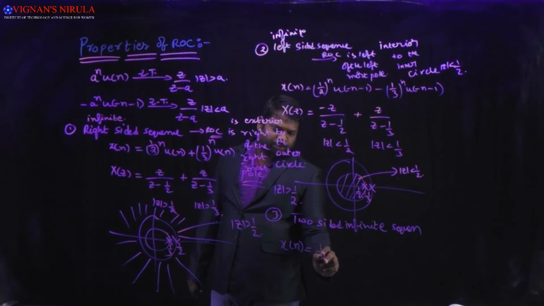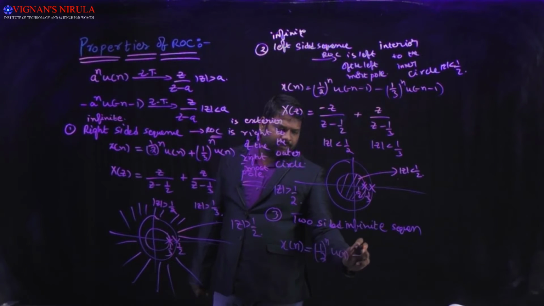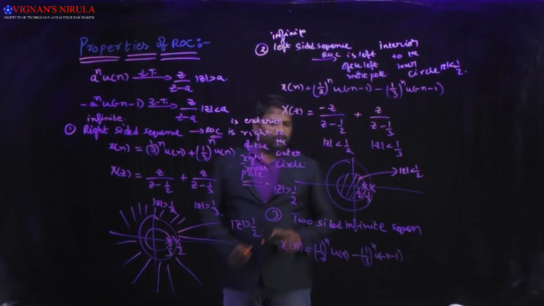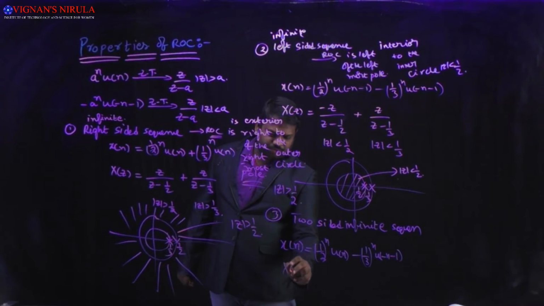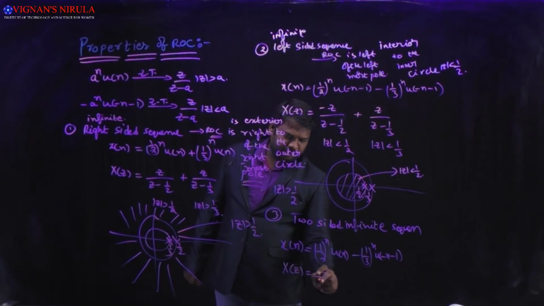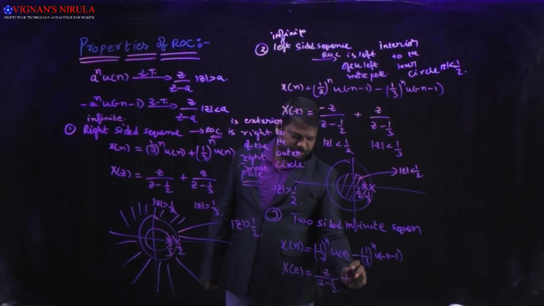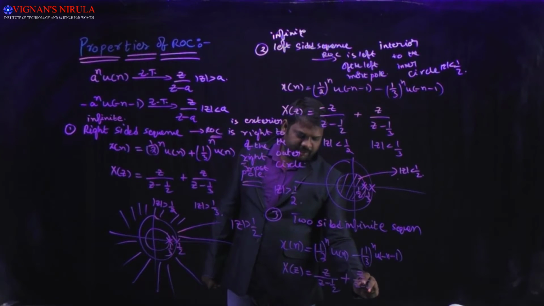We are combining both forms, that's (1/2)^n u[n] minus (1/3)^n u[-n-1]. As we are combining both of them, its z transform is given as X(z) equals z by z minus 1/2, and here also minus has been present, it will be given by z minus 1/3.